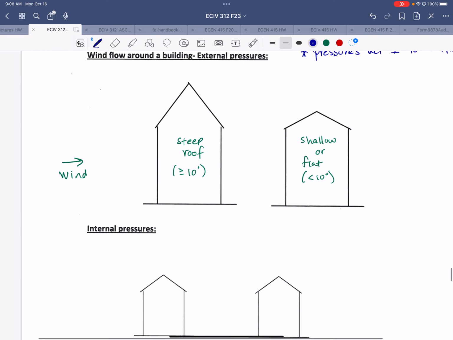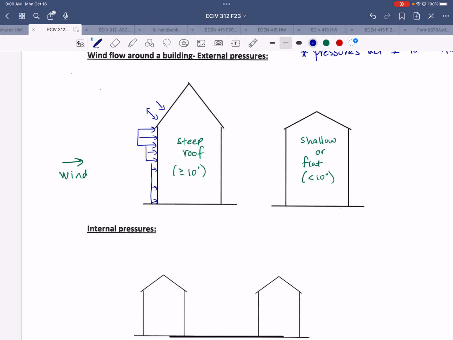All right, so for the windward side, we already talked about how we simplify our windward distribution into blocks, so it might look something like this. On the roof, if we have a steep roof, we could have positive or negative external pressures that we need to consider.